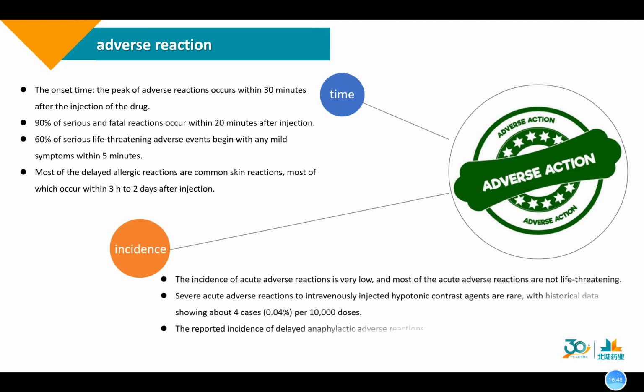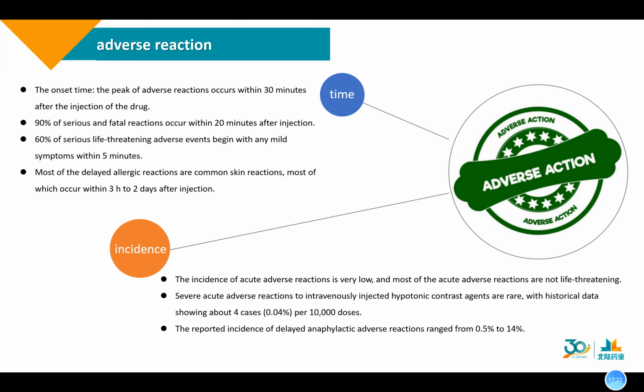When do the adverse reactions usually occur? It was mentioned in a literature reported in China. The peak of adverse reactions occurs within 30 minutes after the injection of the drug. 90% of serious and fatal reactions occur within 20 minutes after injection. 60% of serious life-threatening adverse events begin with mild symptoms.